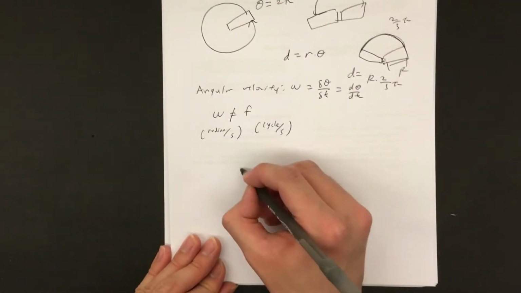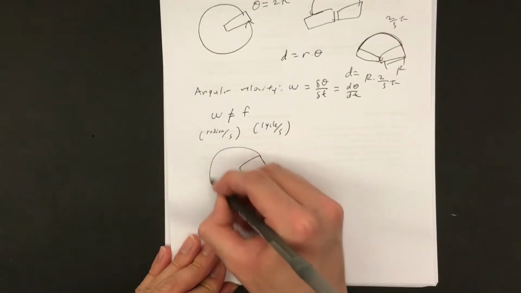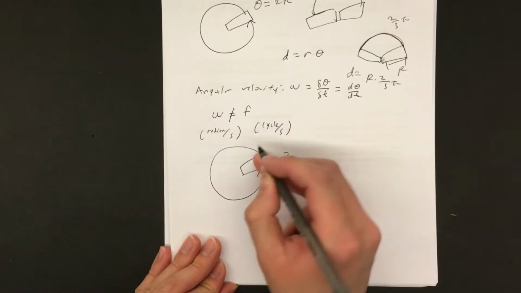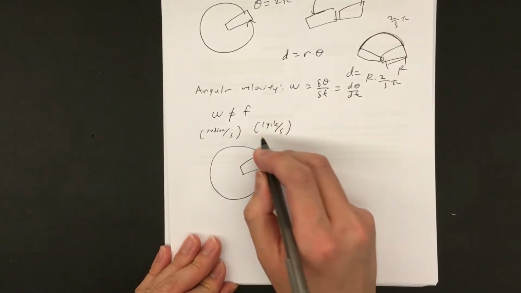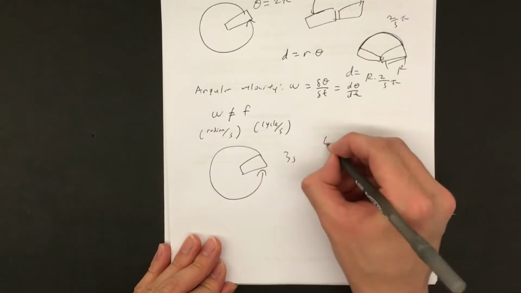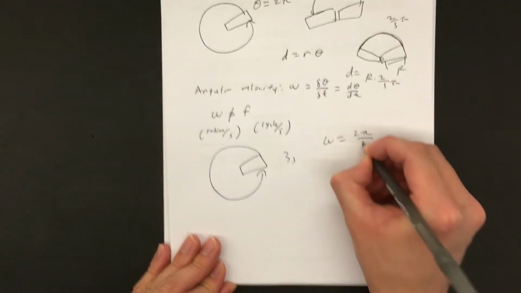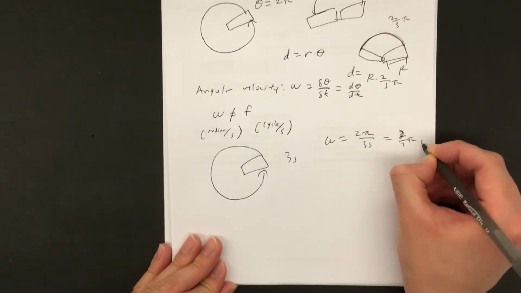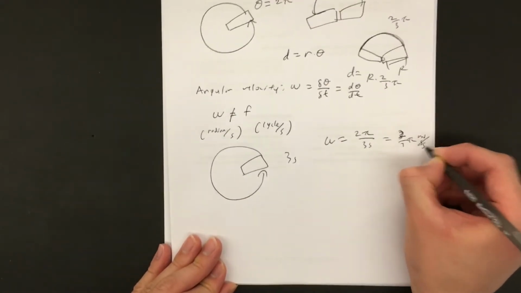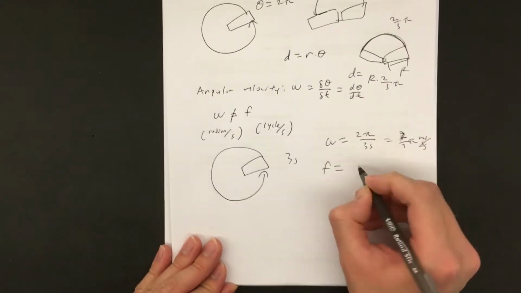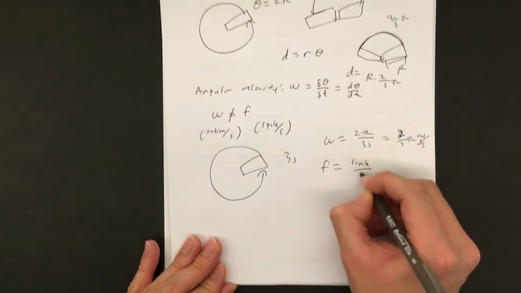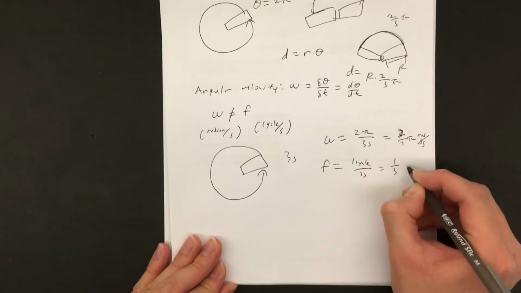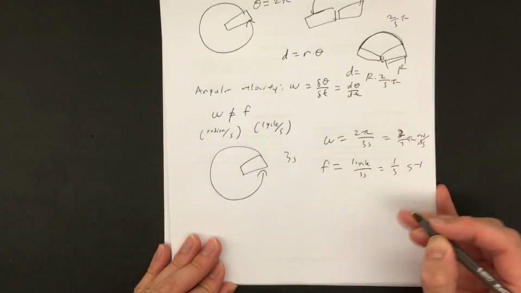So for example, let's say it took this rod 3 seconds to travel an angular displacement of 2 pi. Then omega equals 2 pi over 3 seconds, which would be 2/3 of a pi radians per second. Meanwhile, frequency would just be 1 cycle per 3 seconds, which would be 1/3 per second.